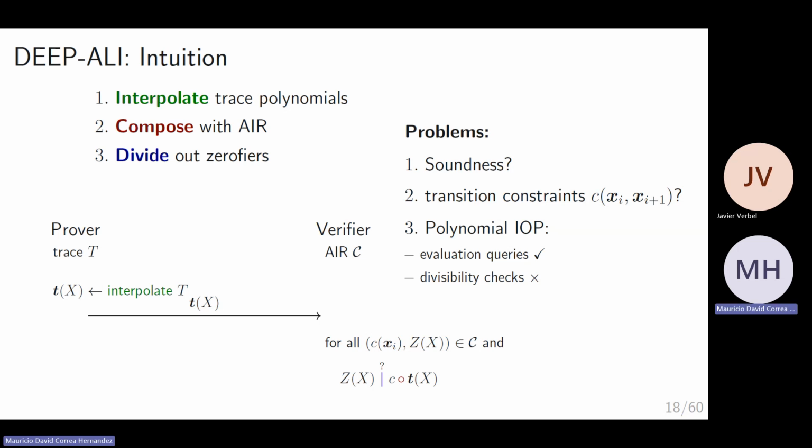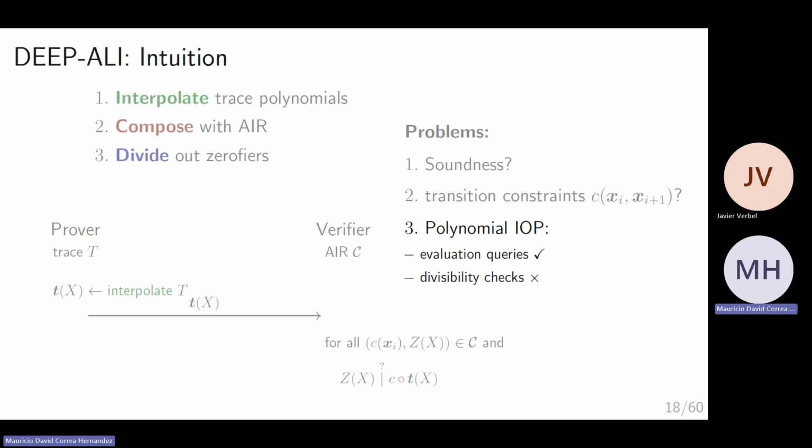And then thirdly, this is not a polynomial IOP because the verifier has a superpower that is not captured by the polynomial IOP formalism. The verifier in the polynomial IOP only gets to make evaluation queries to the polynomial, whereas now he's testing a holistic property of polynomials.